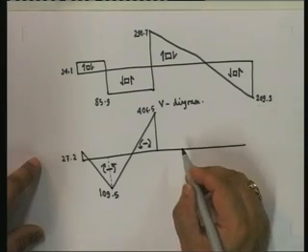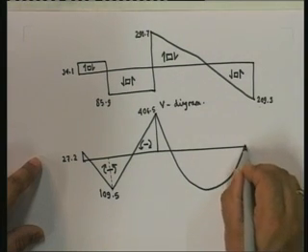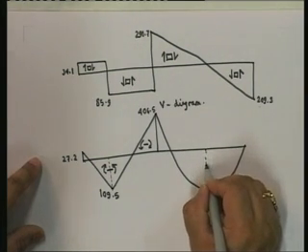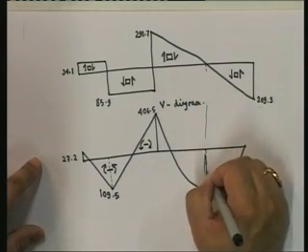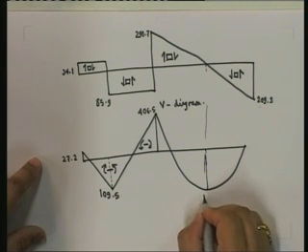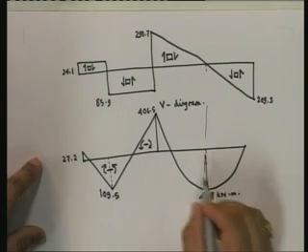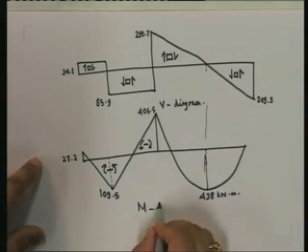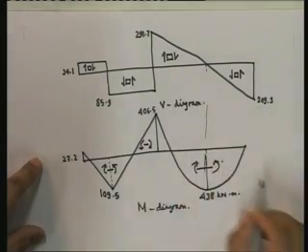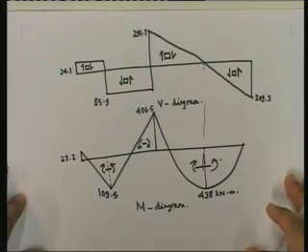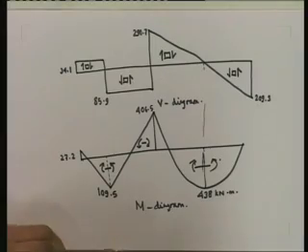Okay, and then ultimately, this goes this way and then 0 at this point, where this turns out to be 438 kilonewton meter. So this is your M diagram. This is again this way. Okay, so this is your bending moment diagram and shear force diagram, and that is the total analysis of this particular problem.